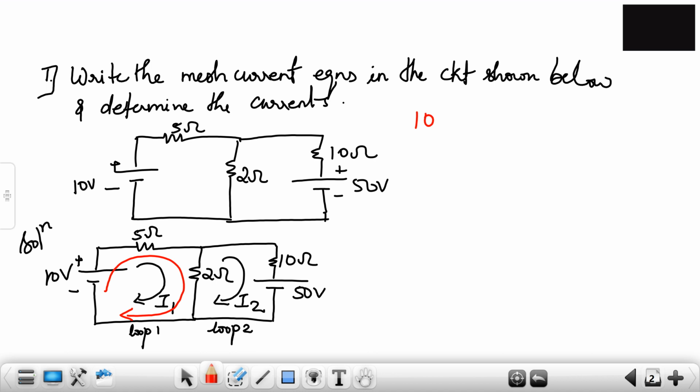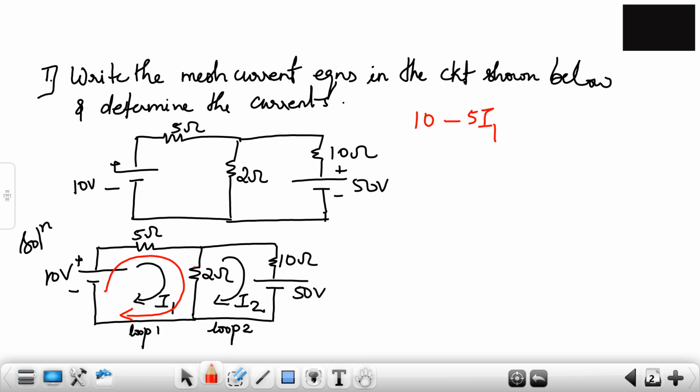So how is it? 10 volts minus the KVL loop. 10 volts minus I1 into R1, that is 5 I1.